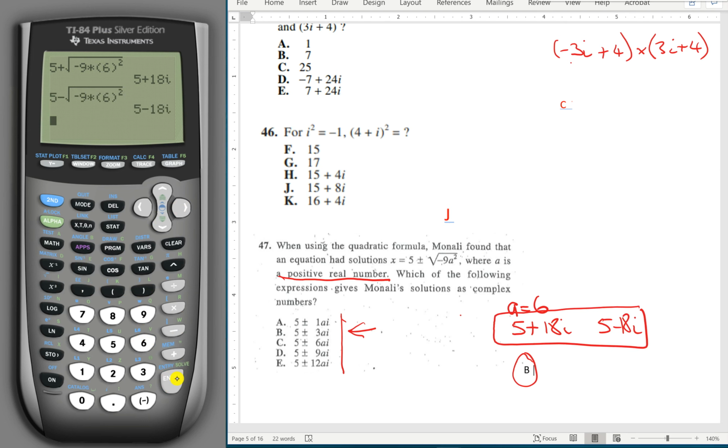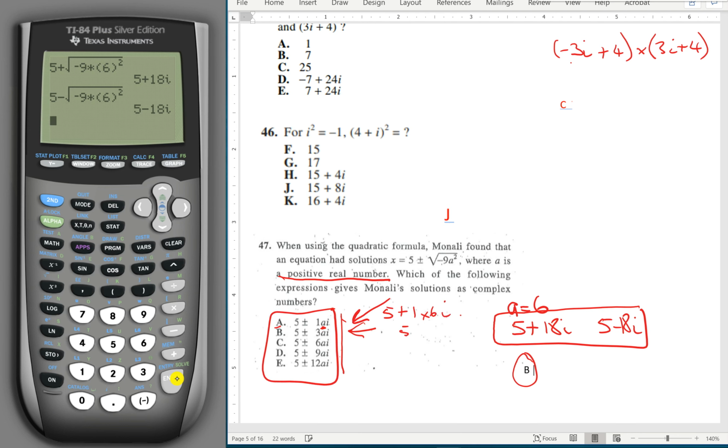So now we have to look and say this is used more than once. We have to look at this and say which one of these satisfies this, right? When A is 6. So we're just going to put in 6 for A. So the first one, A, would be 5 plus 1 times 6i.